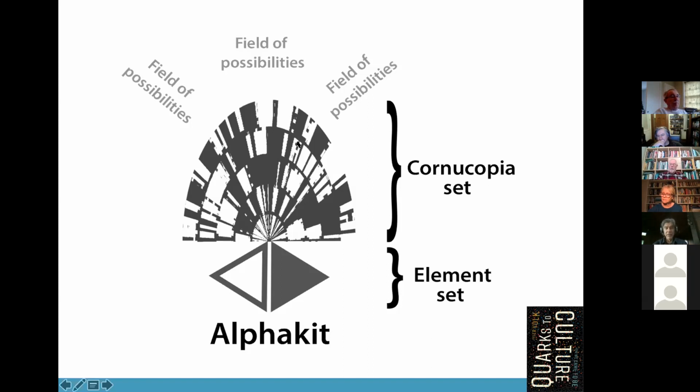The other aspect is that the field of possibilities, the cornucopia set, has not reached all the possibilities of what it could be. That's going to play into importance in evolutionary dynamics, in biological and cultural evolutionary dynamics.